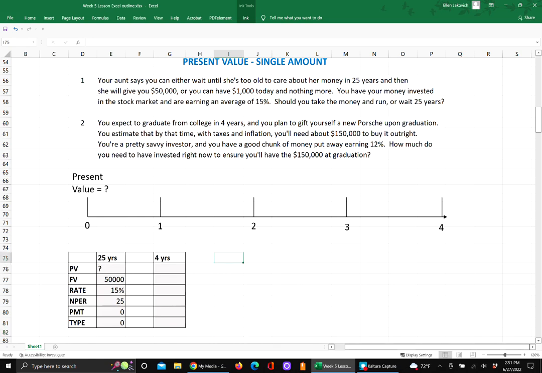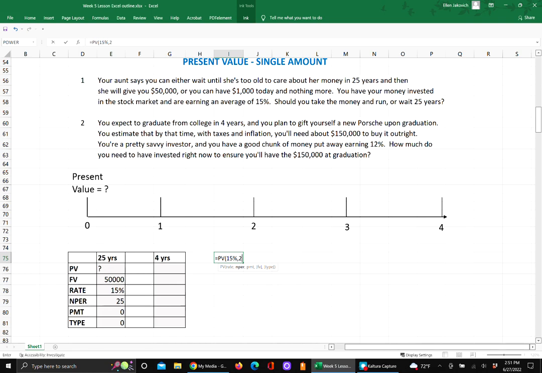The cool thing about Excel is you just put equals and then what you're trying to solve for, PV, then open parenthesis, and it tells you what to put in next. It says rate, so I enter the rate, which is 15%. Then a comma, no spaces, and number of periods pops up in bold.